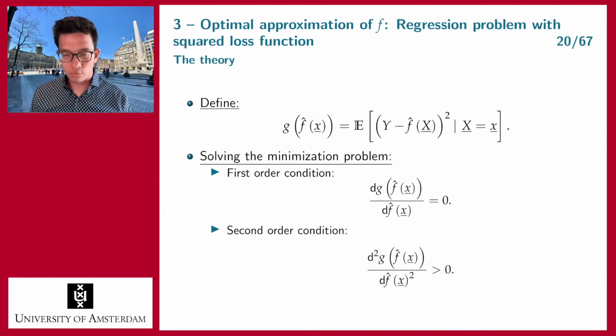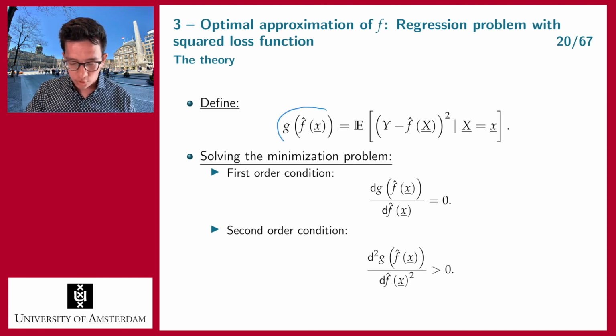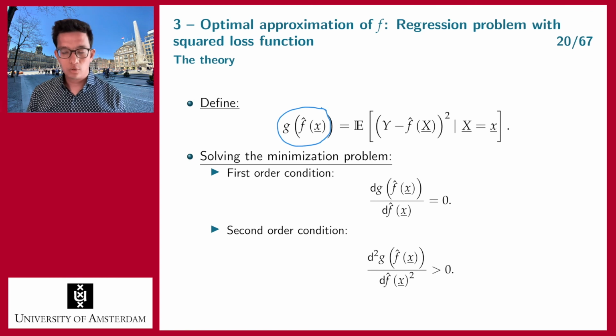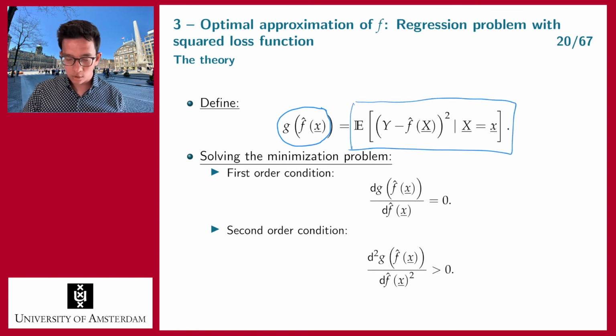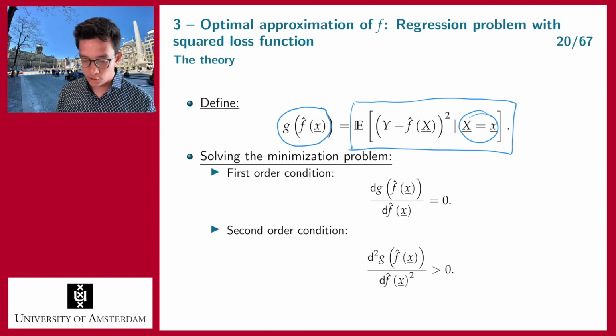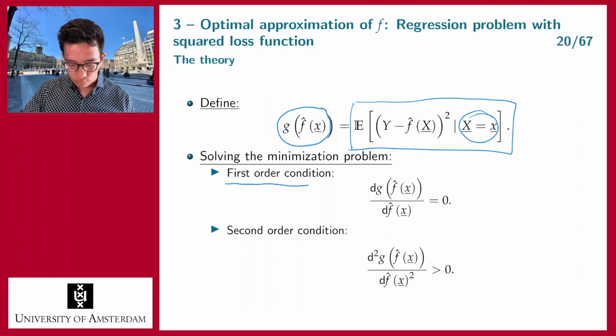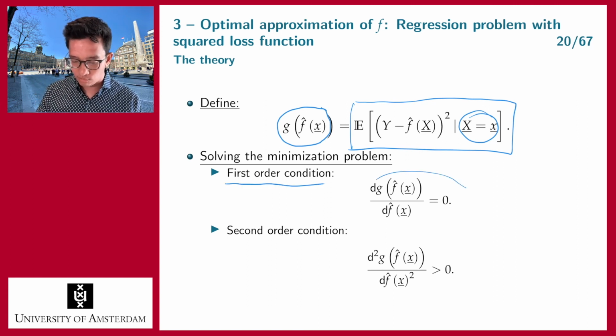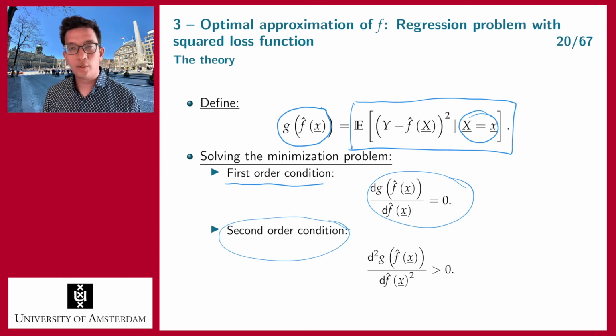In order to solve that pointwise optimization problem, we can define the function g as follows. So g is your expected prediction error for the predictor variable x. So if we want to optimize over g, it means that we have to check the first order condition, meaning that the derivative has to be 0, and we can also check the second order condition to make sure that we have a minimum.